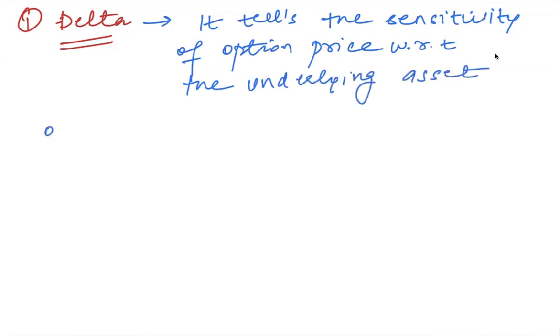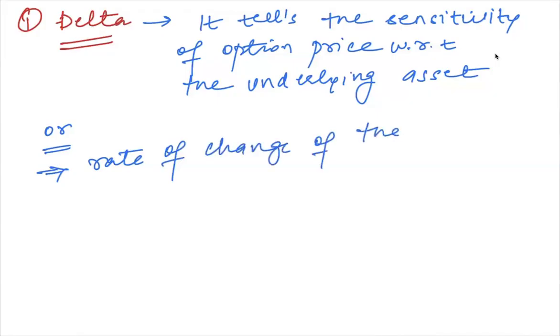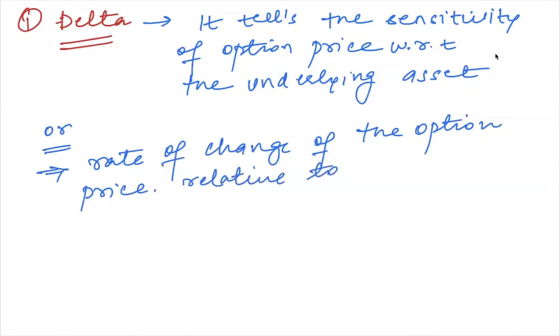It can also be written as the rate of change of the option price relative to the change in underlying asset.